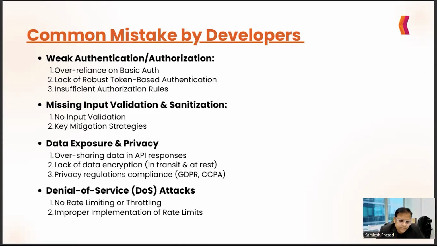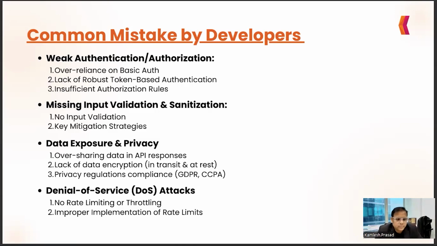But this is actually putting all the information about the user into the hacker's hands. So limit the data exposure. Whatever is required for that API, only that information should be exposed in the API call.